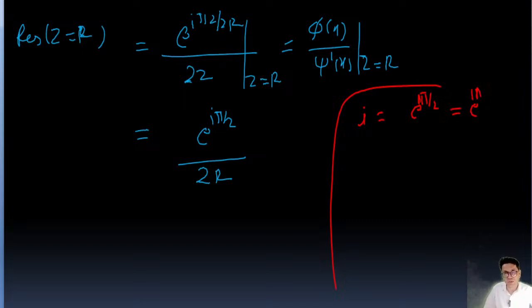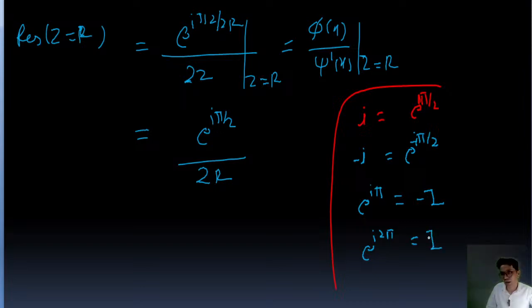Okay, as of now just note down this. e to the power iota pi by 2 is iota, and similarly minus iota is e to the power minus iota pi by 2. Okay, and also e to the power iota pi value is minus 1. Okay, and e to the power iota 2 pi value is 1. These you should know. Okay, now so this value is iota, so we can write iota upon 2r.